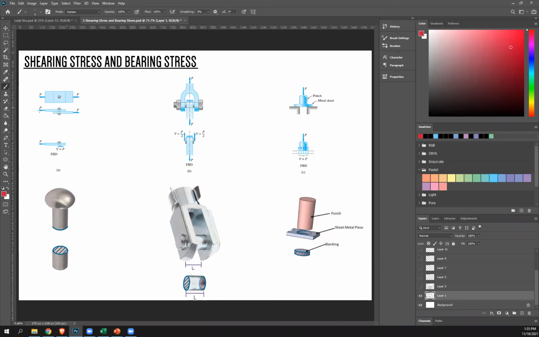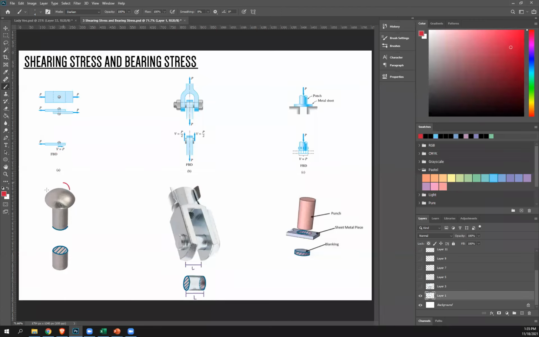If we isolate the top portion of your lap joint, the top plate, we have this applied force to the left. And remember, after cut isolating, wherever you cut, there will be an internal force. So we have this internal force, which is what we call your shear force, V. And then upon using equilibrium equation, summation of forces equals 0, you'll see that V equals P in this case.